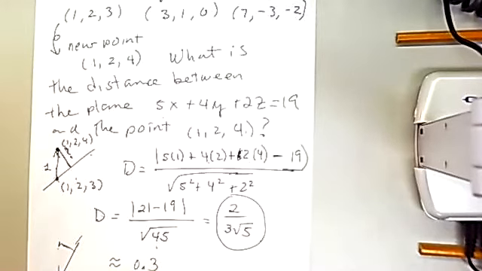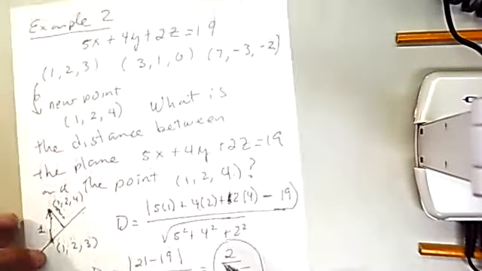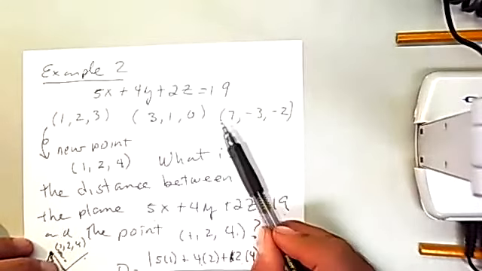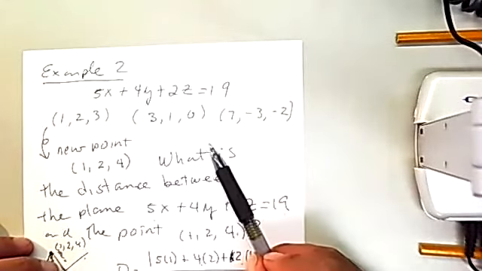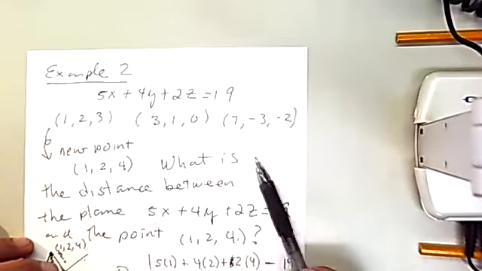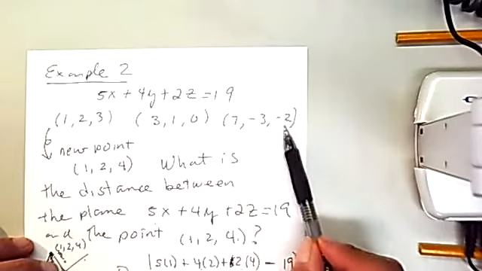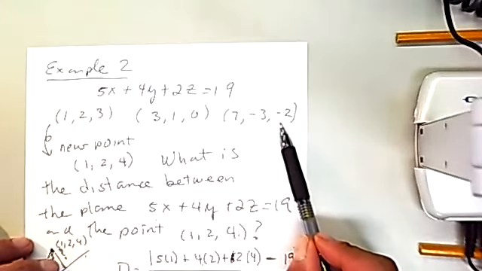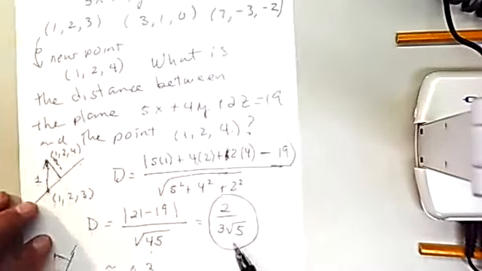That's a good question. What if we move this up 1 unit, 7, negative 3, negative 2, and then we move it to 7, negative 3, negative 1? What is the distance between the new point after we shift it and the plane? Is it going to be the same?